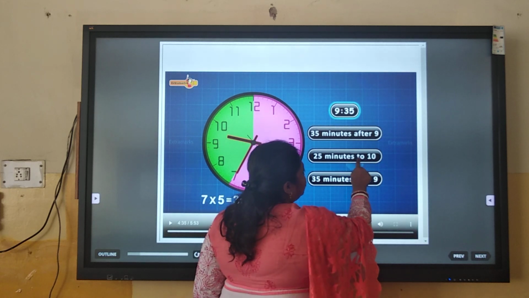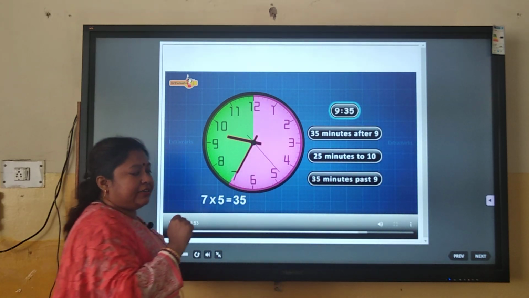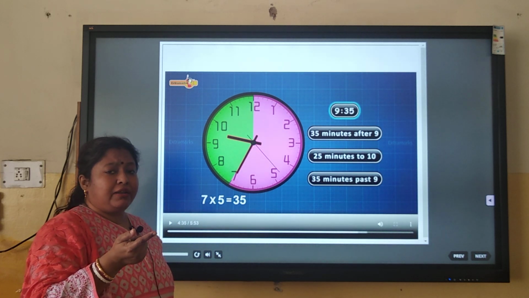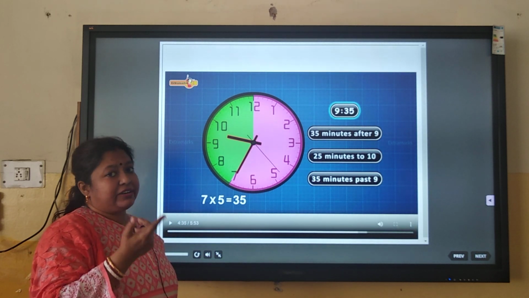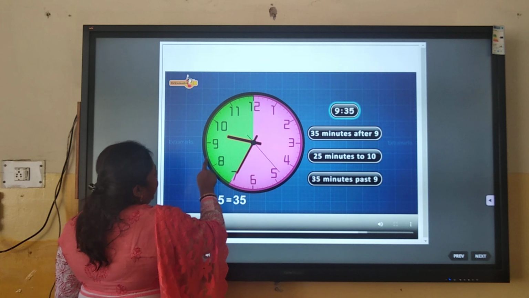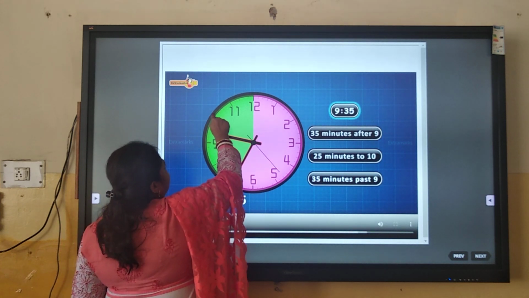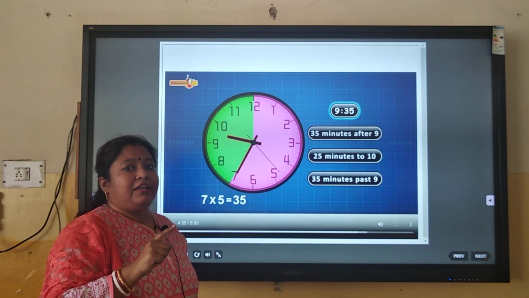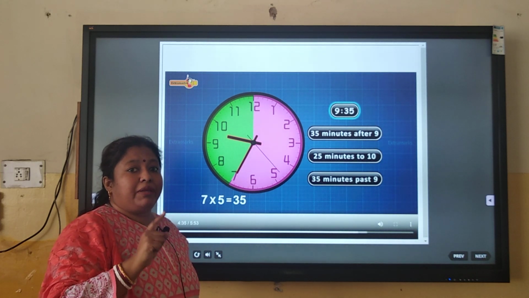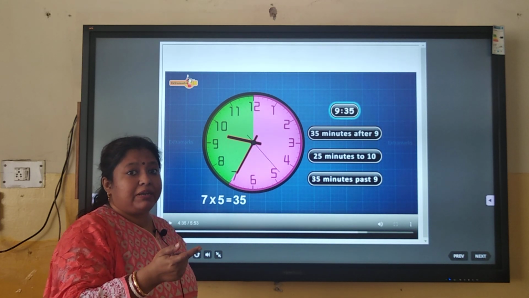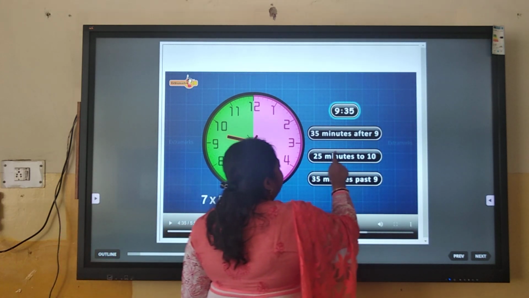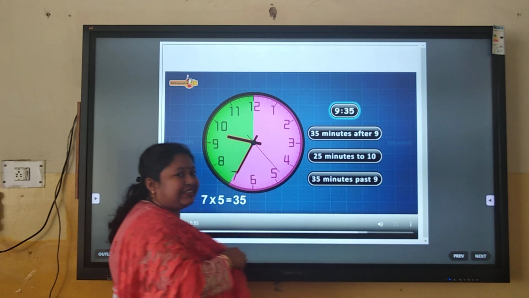And in how many minutes will it reach 10? Let's see. 5, 10, 15, 20, 25. So it will reach 10 in 25 minutes. So in 25 minutes it will be 10 o'clock. So we write 25 minutes to 10, children.